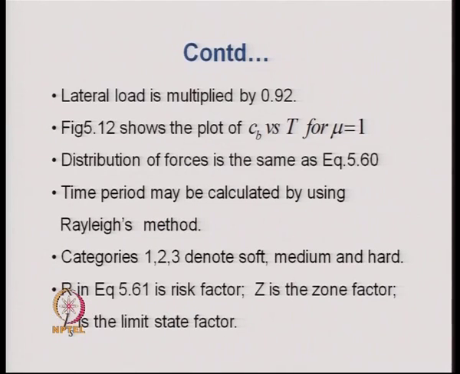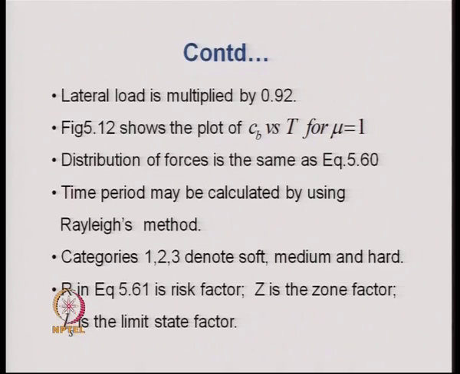The other feature of this code is the lateral load is multiplied by a factor of 0.92. Then the subsequent figure 5.12 will show the plot of Cb versus T for mu is equal to 1.